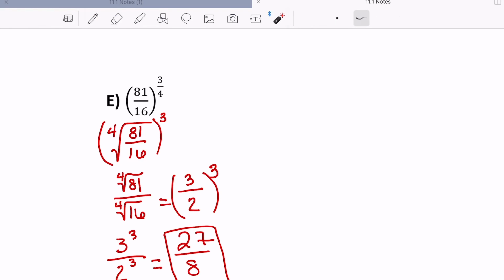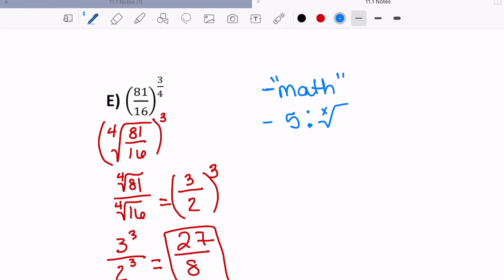If you are working this on your calculators, you can enter roots into your graphing calculators. So what you want to do is hit the math button. Let me write these out for you. You're going to hit math, and then scroll down to number 5. Number 5 shows you x as the index and a root. This is how you enter it into your calculator.